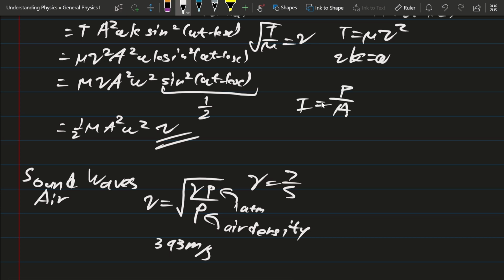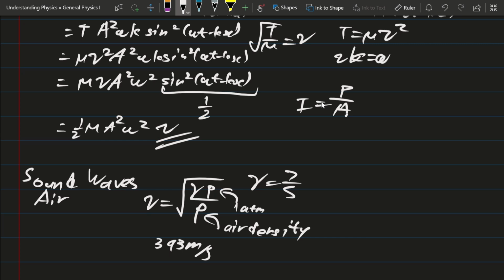Let's just assume that a particle emits energy across all different directions with a constant power. You could then state that at a particular area, it has a certain intensity, which is the power over the area.